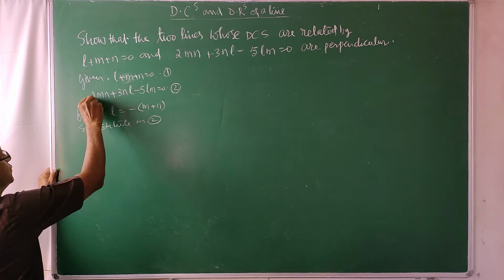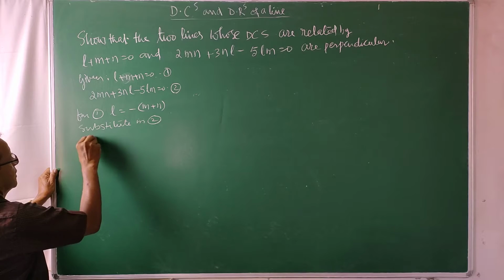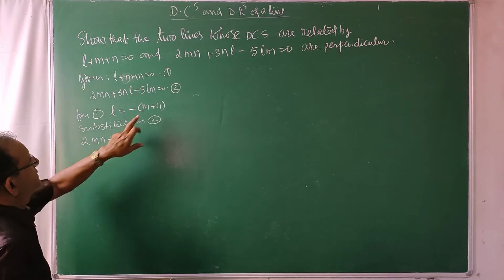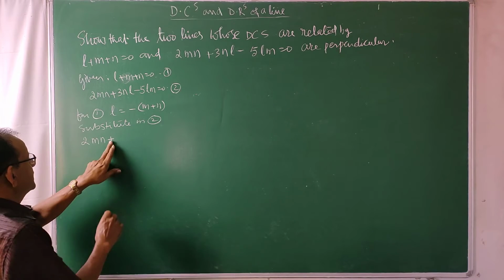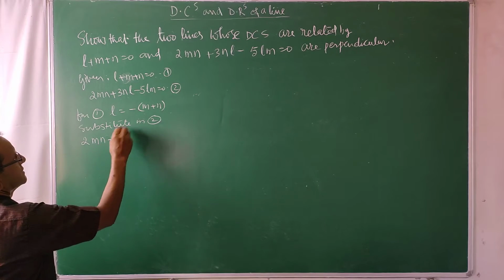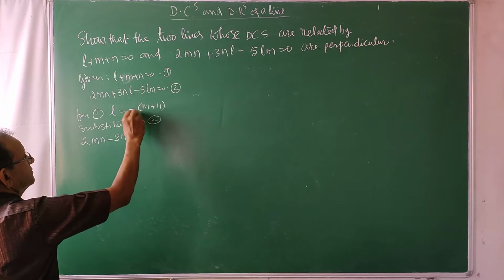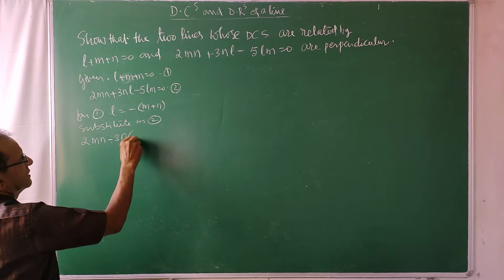Then what you will get? 2MN plus 3N into L. For L you have to write minus of M plus N, so you will get a minus sign here: minus 3N into M plus N. We already kept the minus sign here.